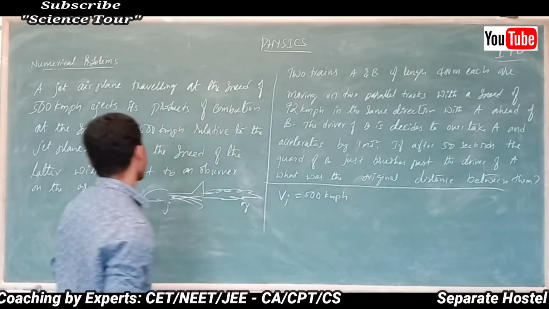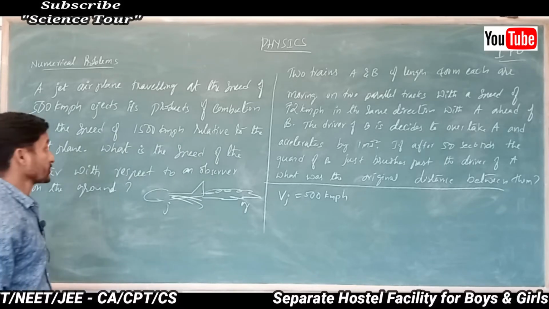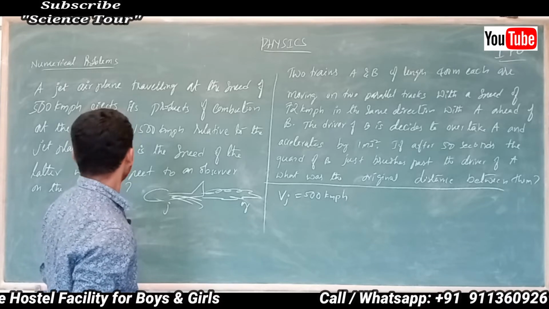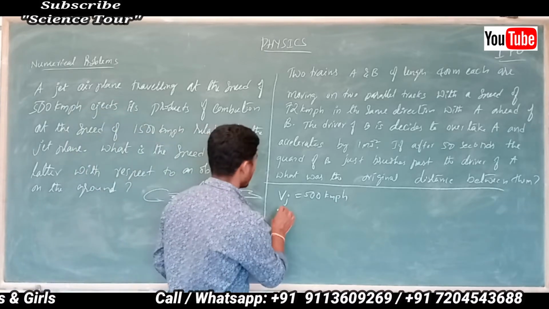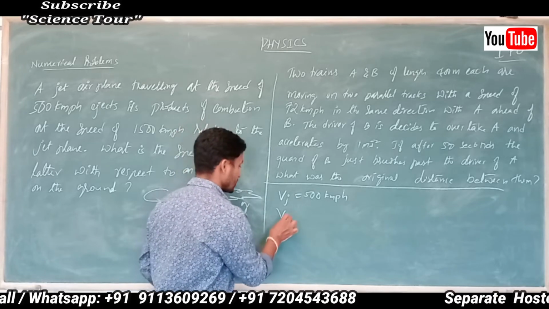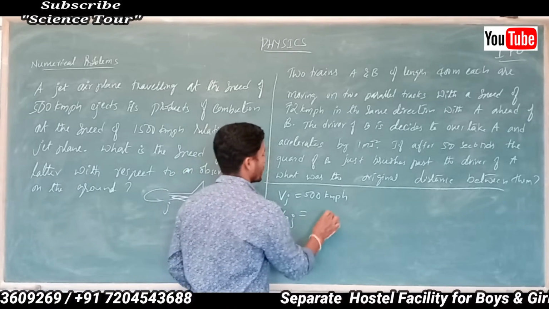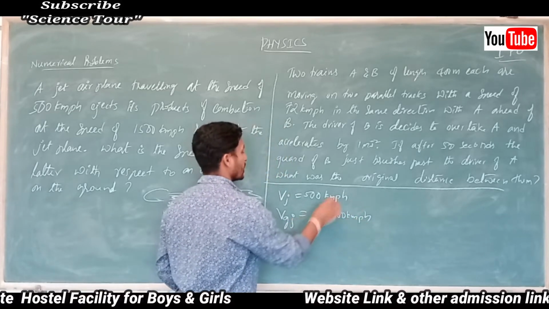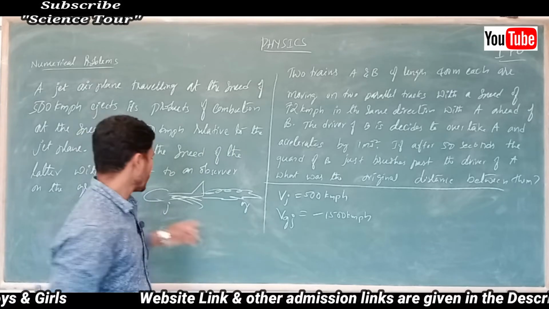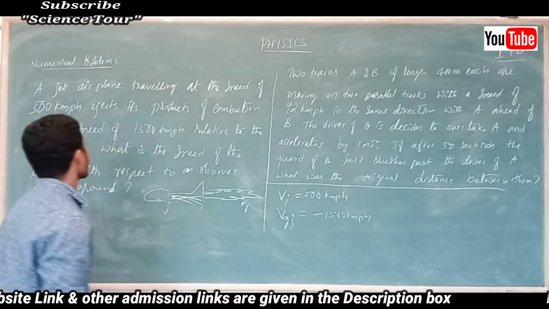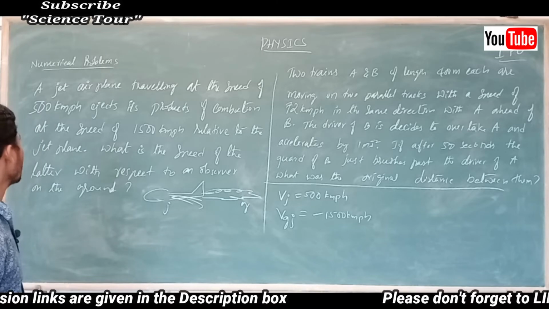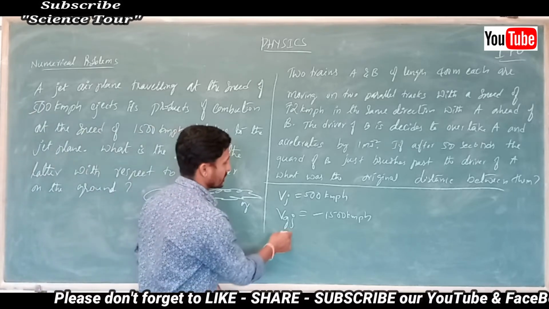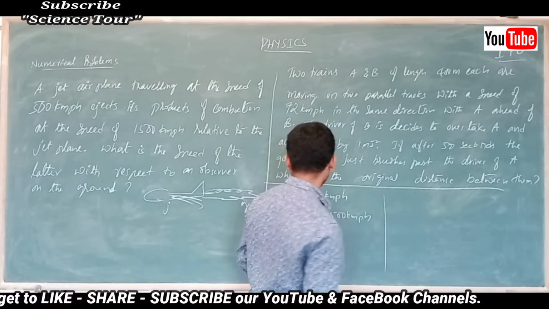It ejects its products of combustion at the speed of 1500 kmph relative to the jet airplane, meaning the gaseous particles are moving in the opposite direction, one in this way, one in this way. Then what is the speed of the latter with respect to an observer? What is the speed of the gaseous particle with respect to an observer?